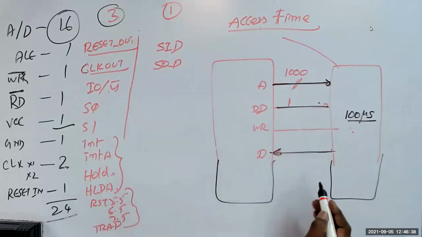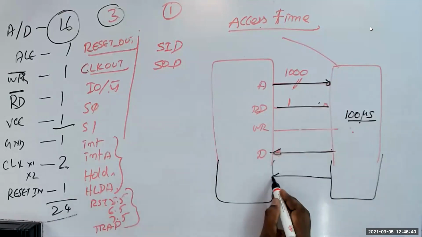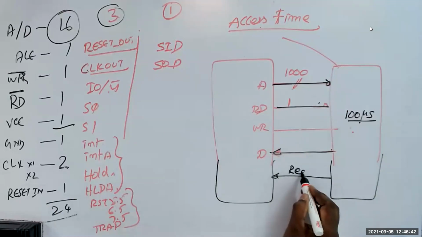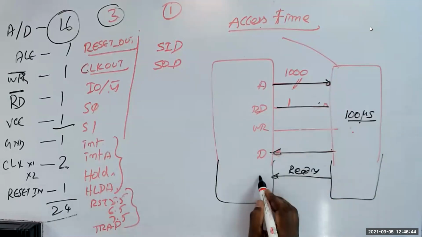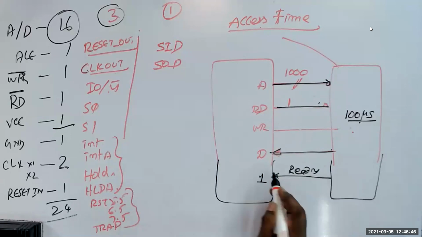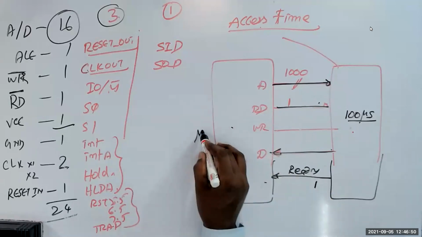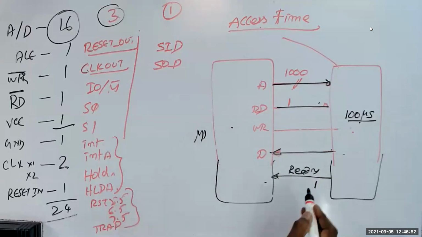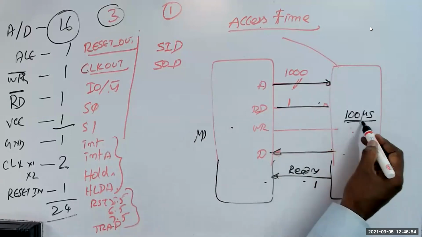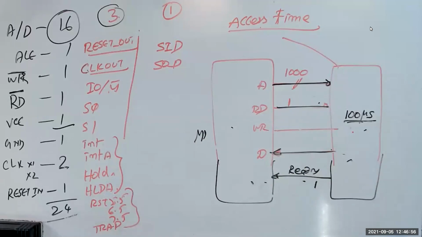For that, there is a signal called ready. When ready is 1, only then will the microprocessor accept the data. After 100 microseconds, the ready will be 1. Otherwise, the microprocessor will not accept the data.